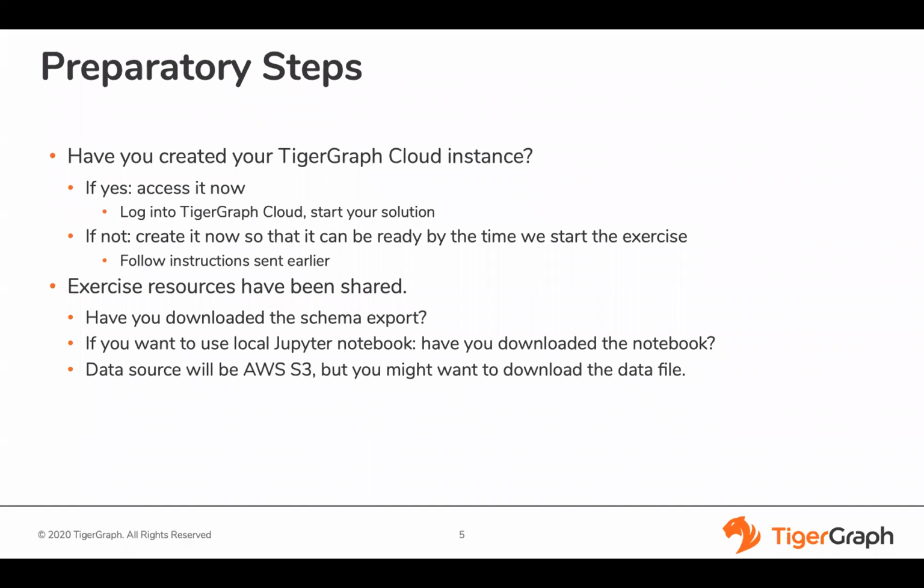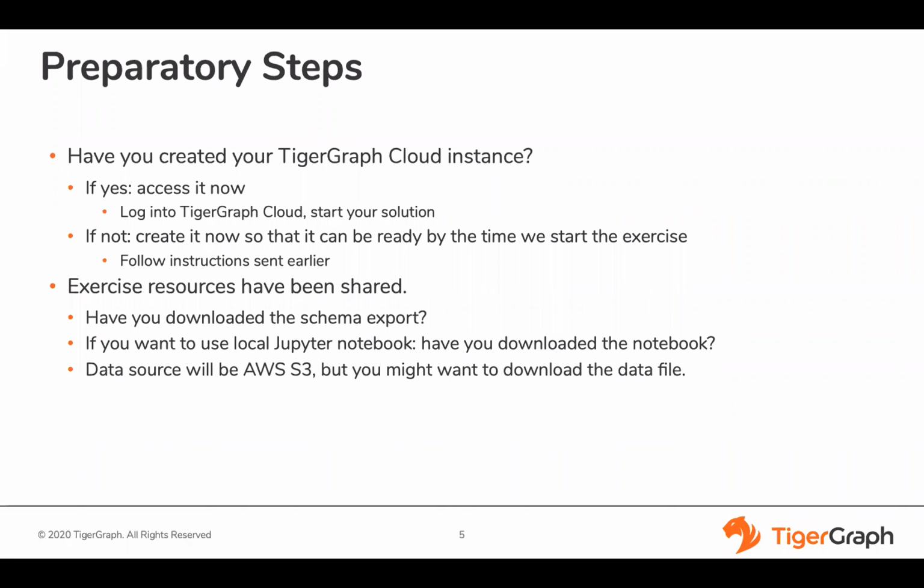In addition to this, you will need the schema export that I have mentioned in the prerequisites email downloaded. There is a link in the chat window to all of the resources that you might need today. You will find the schema export or graph export file as the first link. We will use a Python notebook on Google Colab.